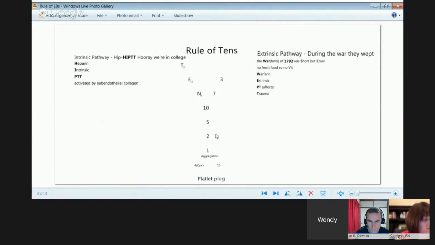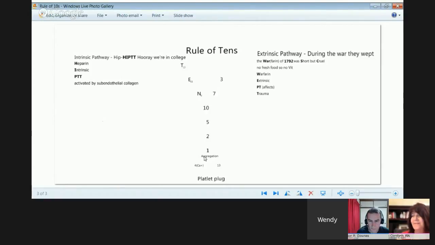The activated 2, which is thrombin, activates fibrinogen to become fibrin monomers. So this is prothrombin activating to thrombin, and then you have fibrinogen to fibrin. That's correct.